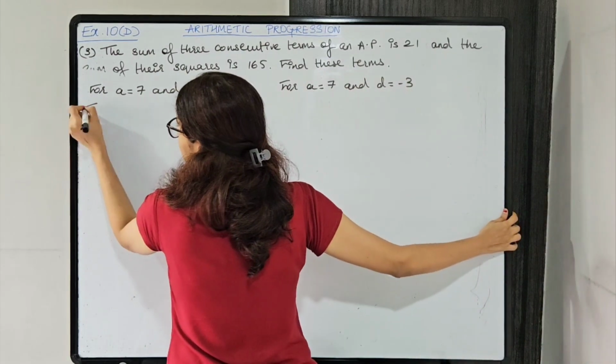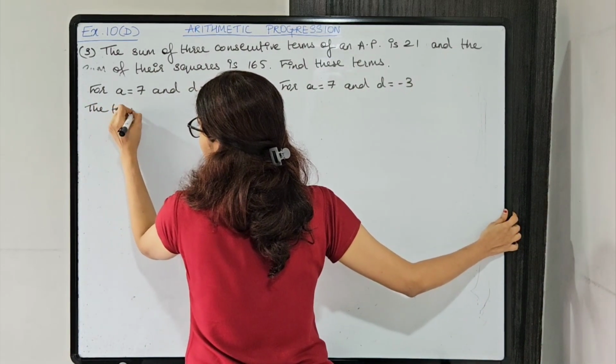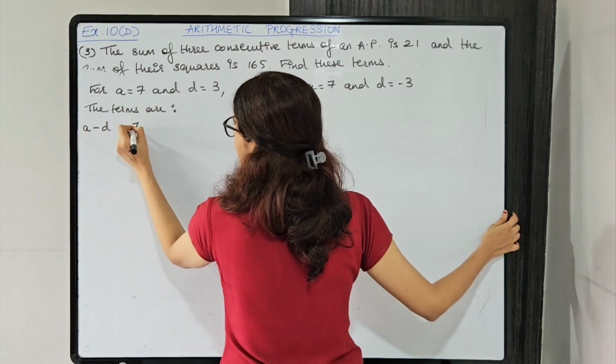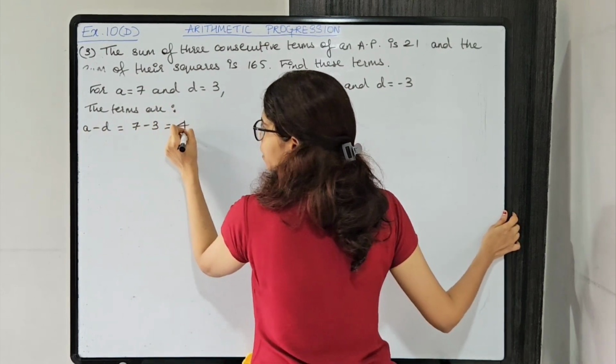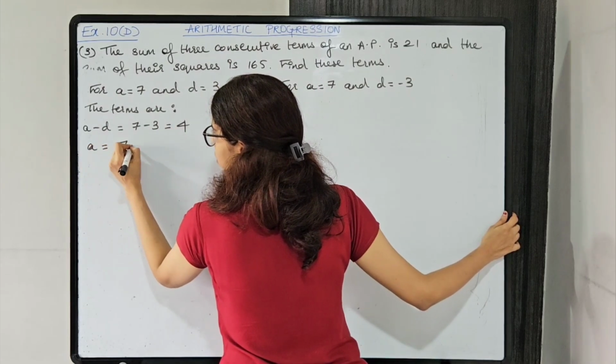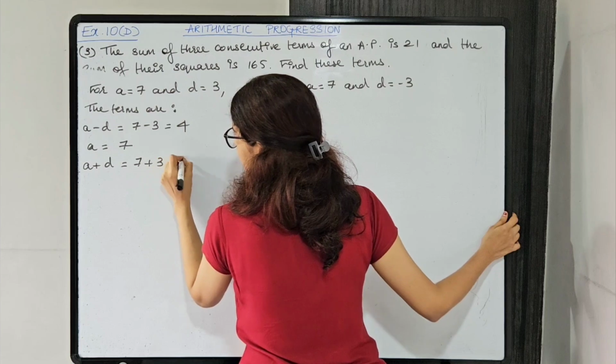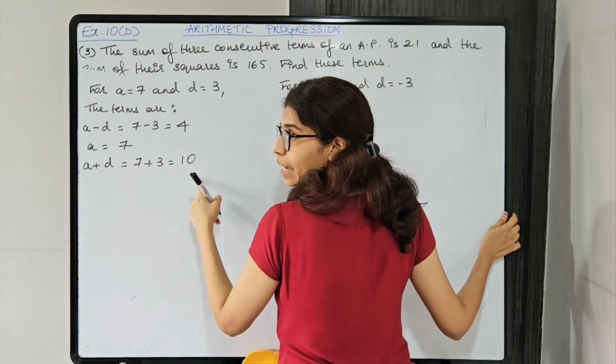So the terms are A minus D, that is 7 minus 3, 4, A, that is 7, and A plus D, that is 7 plus 3, 10. So 4, 7 and 10. Okay.